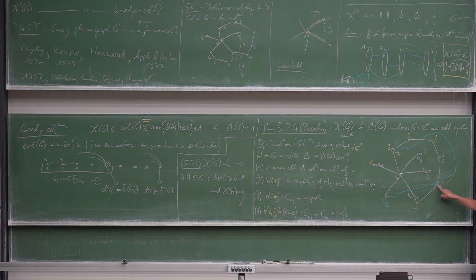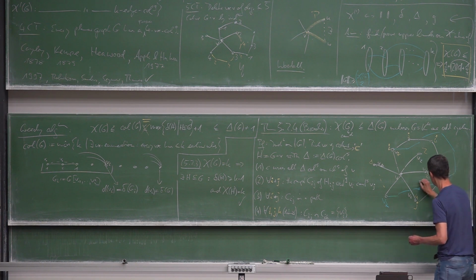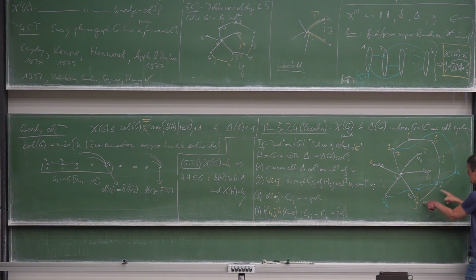Well, up to delta, we can't say anything more, but it has two neighbors colored j, and it has two neighbors colored k. This is an inner vertex of both paths. So again, we're saving two colors. We're only using delta minus two colors at most on the neighborhood of this vertex, so we can recolor it.